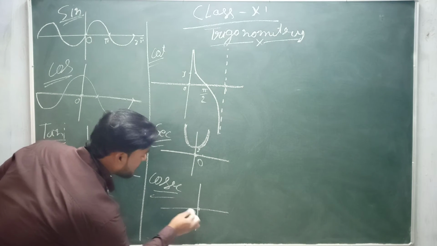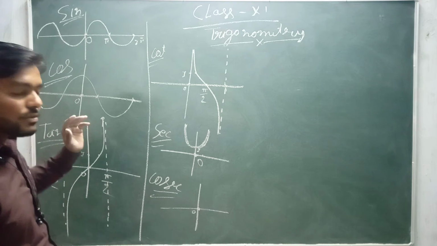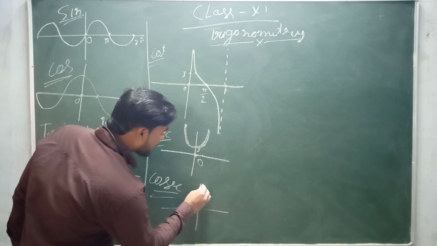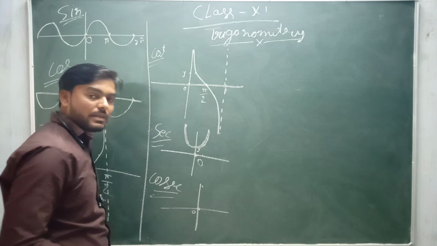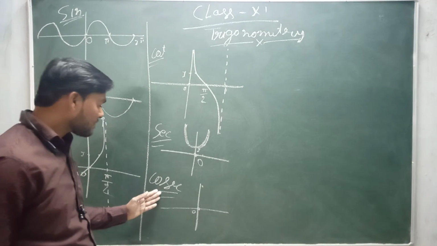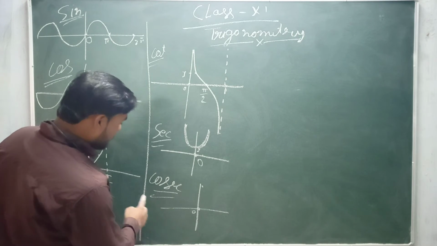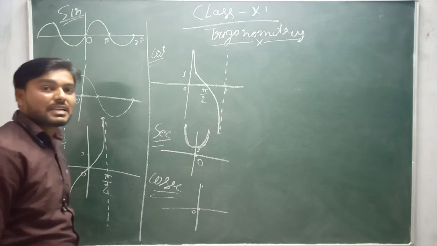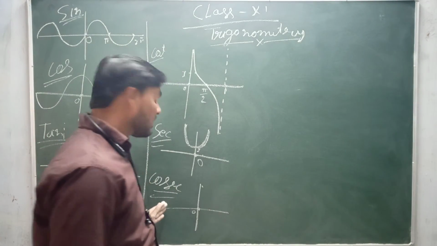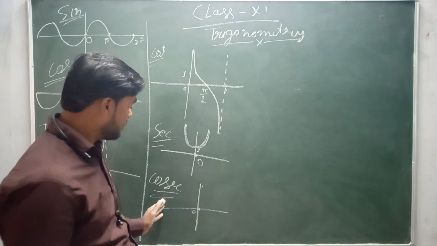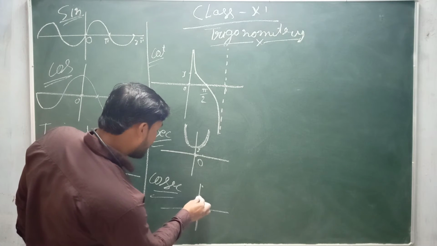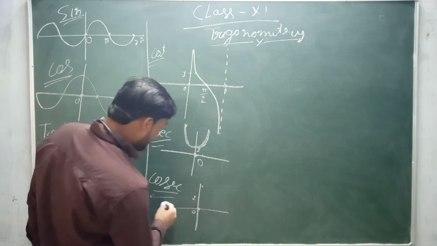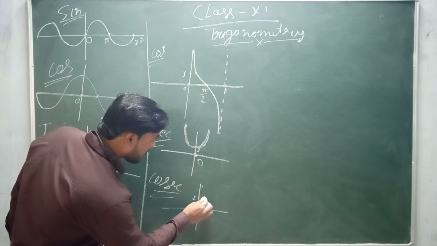Now cosec. It will start at the origin. Sin 0 value 0, then cosec 0 will be infinite. Now sin 30 value, what is sin 30 value? 1 by 2, then cosec 30 equal to 2. Take it as 2, cosec 30 will be here.